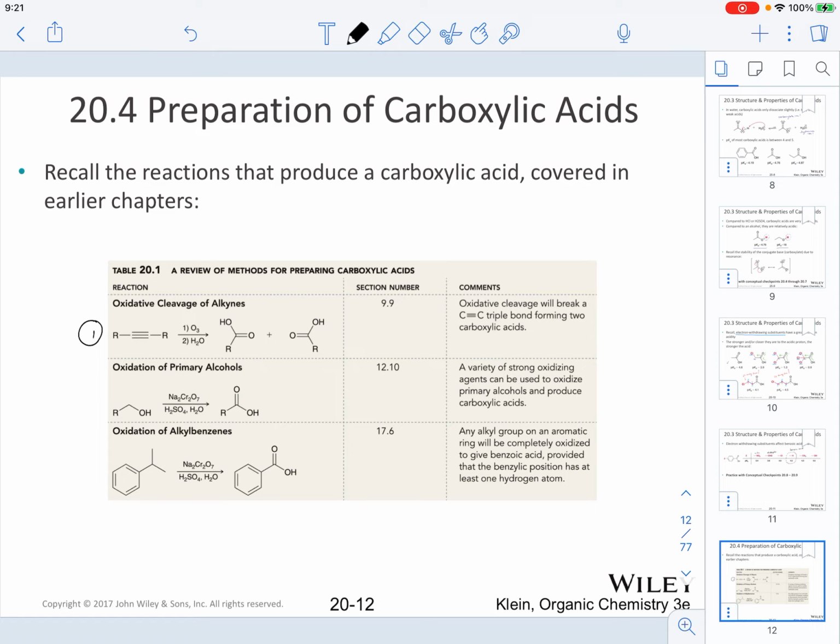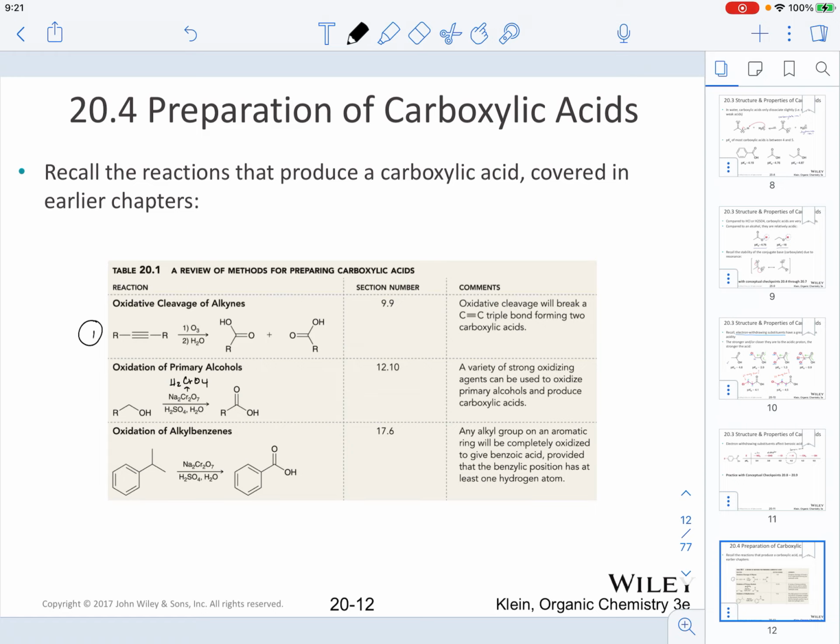So alkynes, when they undergo ozonolysis, can produce carboxylic acids. We can oxidize primary alcohols with a strong oxidant like chromic acid, which is the same thing as saying H2CrO4, that also produces a carboxylic acid.